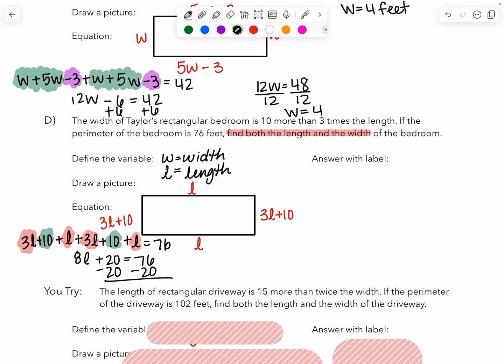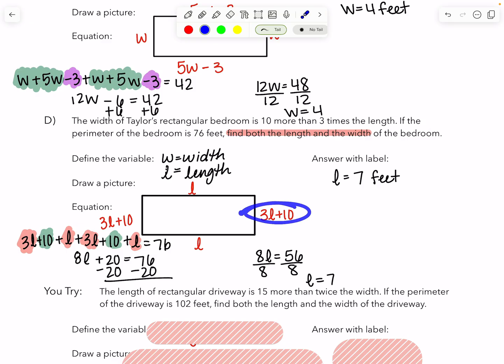I'm going to write this over here. 8L equals 56. Divide by 8 on both sides. L equals 7. Okay? So my length equals 7 feet. But to find my width, I need to substitute 7 back into one of the original widths.